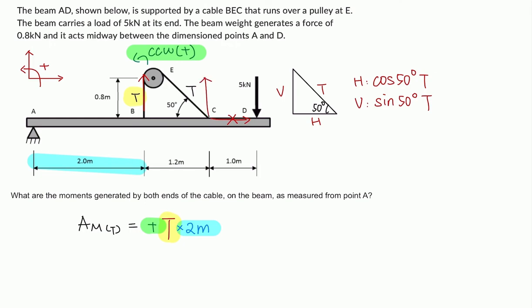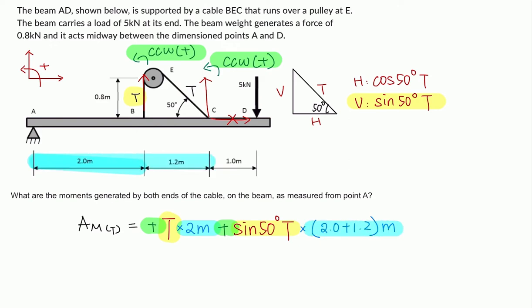And the vertical component also acts upward, providing a counterclockwise moment, which we will also write positive here, and times the force sine 50 degrees times T times the distance 2.0 plus 1.2 meters. This will equal 2T plus 3.2 sine 50 degrees times T.